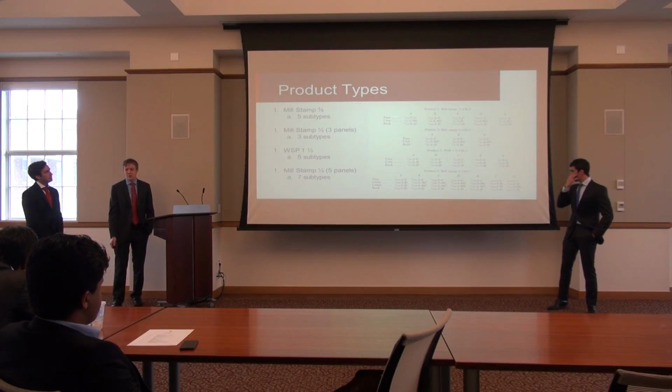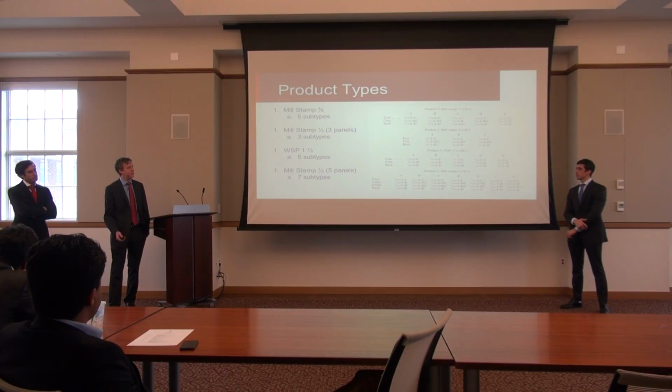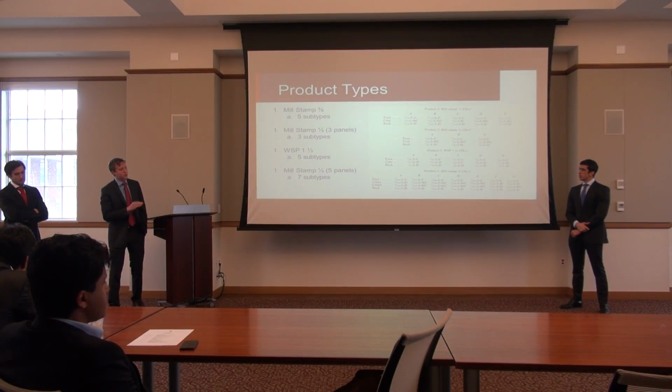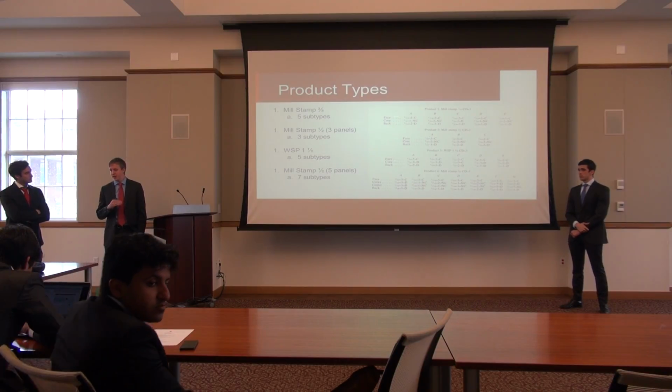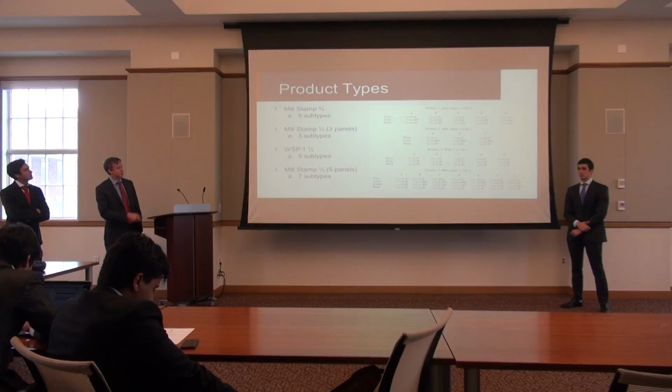Alright, so I'm going to go through the different product types we have now. Like he was saying, we break it up based on grade, and that determines which parts go into making the overall finished product. You can see there are 4 different products and each has a different subtype.